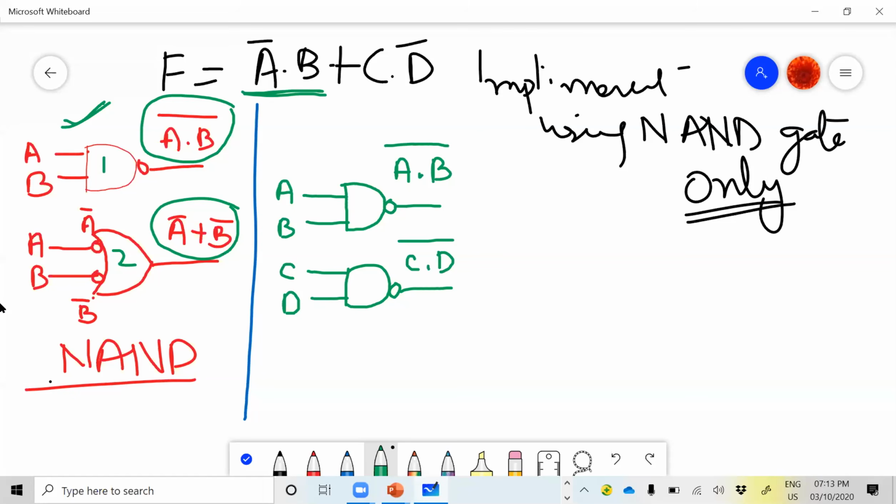We have to implement A bar dot B, right? Yes, sir. As a function, A bar B. But here what we have? A dot B.